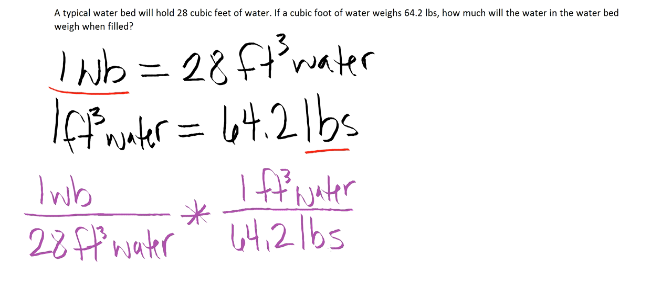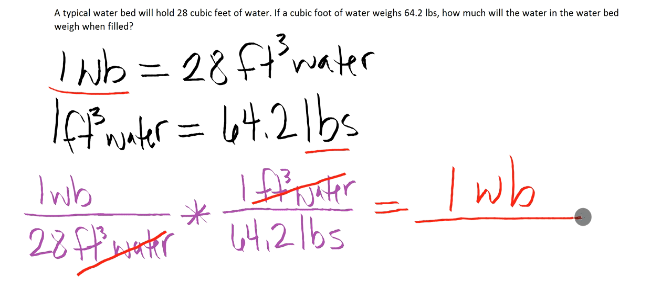Okay. Now, approaching this problem, my feet cubed of water is going to cancel out my feet cubed of water. And multiplying across in the numerator, 1 times 1 is 1. And I still have my water bed as my unit. And that's going to be divided by 28 times 64.2 is 1,797.6 pounds.